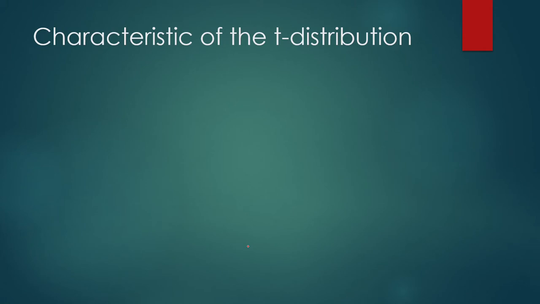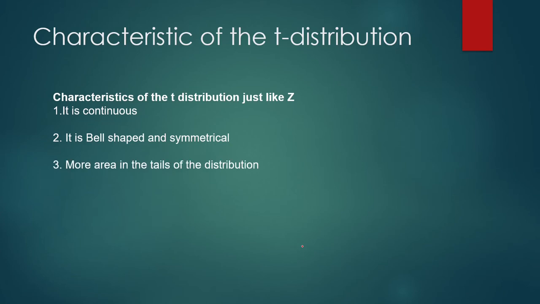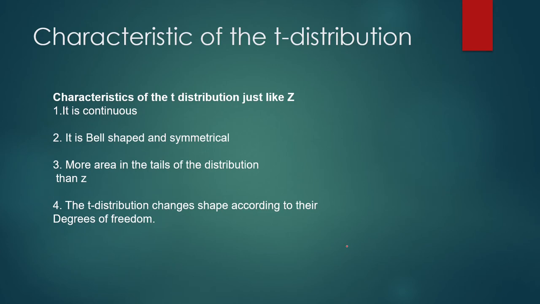Now the T distribution has several characteristics, just like Z. 1, it is continuous. 2, it is bell-shaped and symmetrical, just like Z. 3, there's more area in the tails of the distribution than Z. That is because of the extra variability because of the varying sample sizes. 4, the T distribution changes shape according to their degrees of freedom.